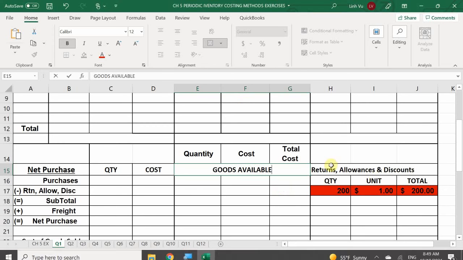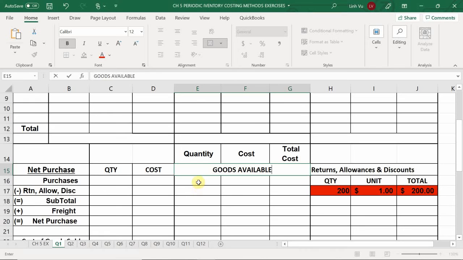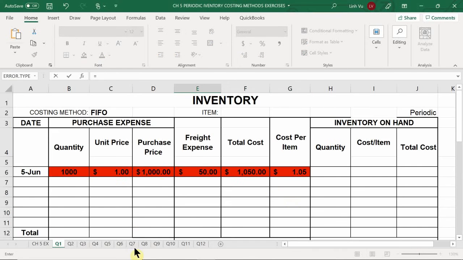Now, by looking at this batch of inventory, if I started out with 1,000 units, since this is my net purchases, I can't change the value of my net purchases because this is what I purchased. It's just like how I made a purchase expense. I can't undo my purchase expense, I have to create a contra account. So I cannot change anything that I make a purchase for.